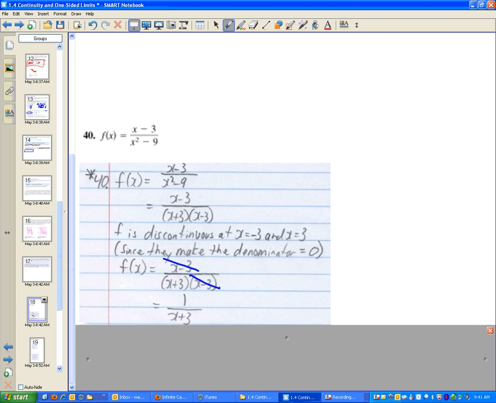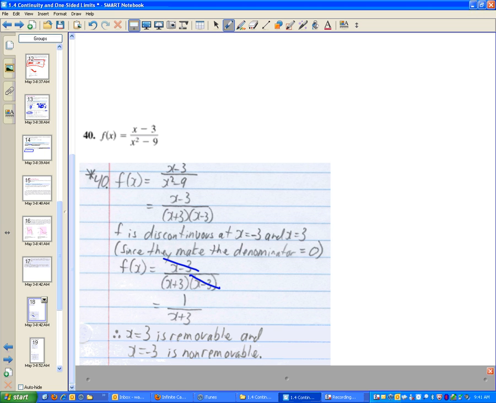This function's continuous at +3, isn't it? We removed the discontinuity at +3. So the discontinuity x equals 3 is removable. Therefore, x equals 3 is removable, and x equals -3 is non-removable. Removable, non-removable.